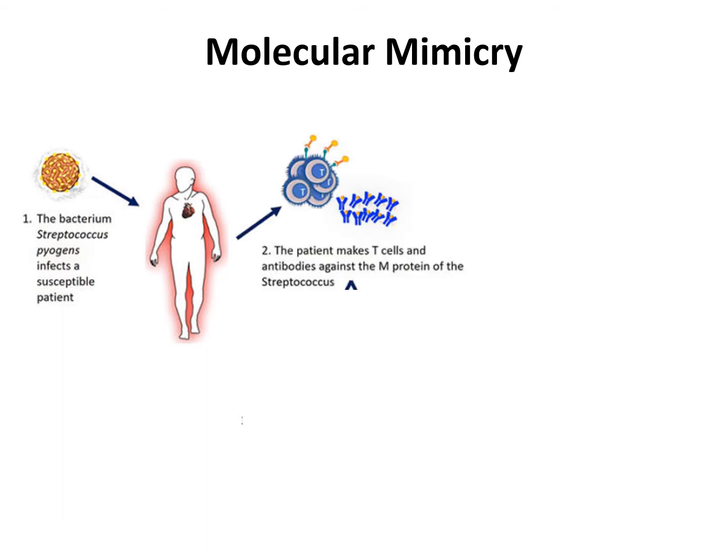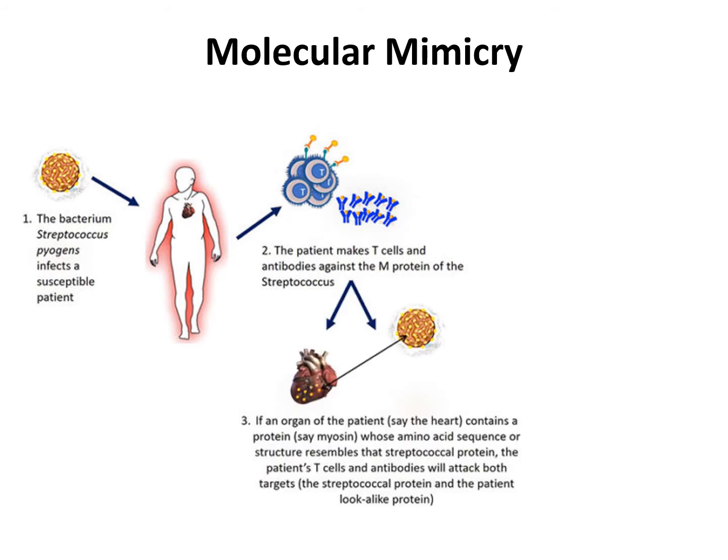Then that individual mounts an immune response to that microbe, so either producing CTLs and or antibodies against a particular antigen on that microbe. But then what happens is that that antigen is very similar in shape and structure to a normal self molecule. So the antigen that is found on the microbe is very similar in shape to a self molecule.